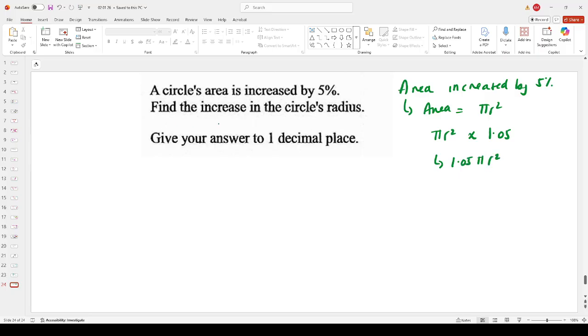Then it says find the increase in the circle's radius. What do you do now, guys?